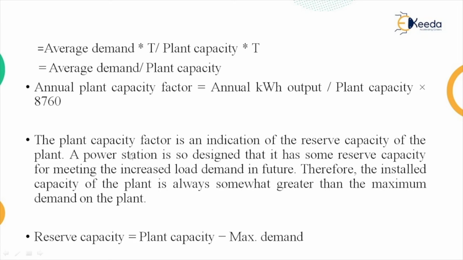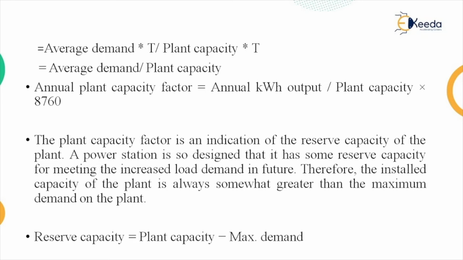But why do we require the plant capacity factor? Because it is an indication of the reserve capacity of the plant. From the plant capacity we can calculate the reserve capacity of the plant, and this reserve capacity will be useful in the peak load.